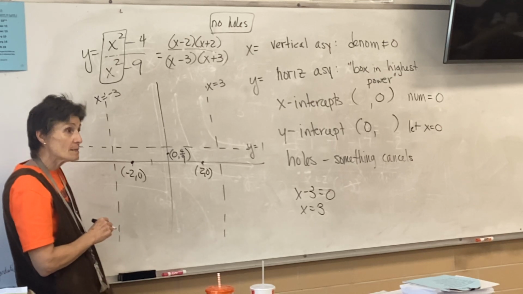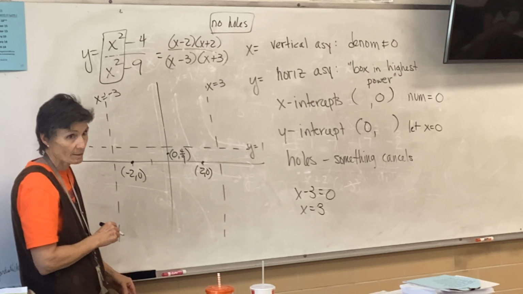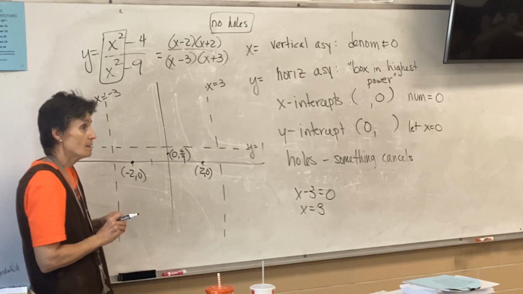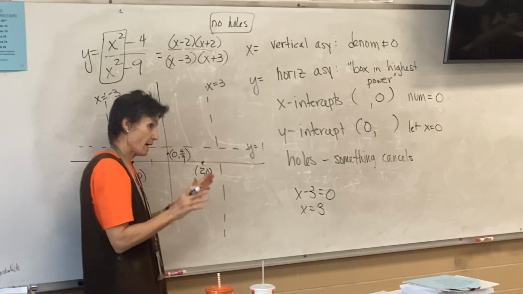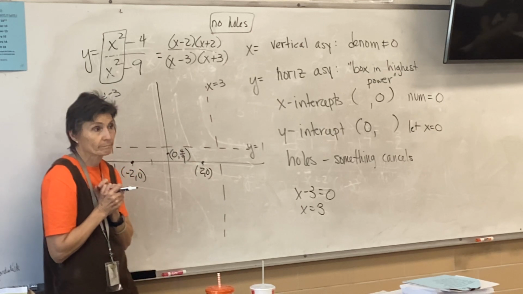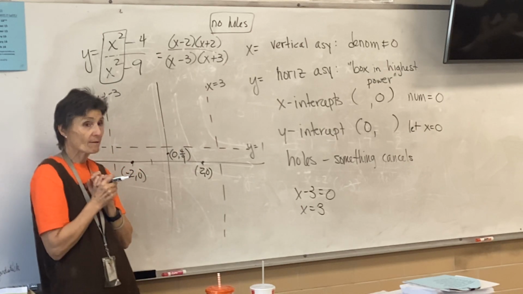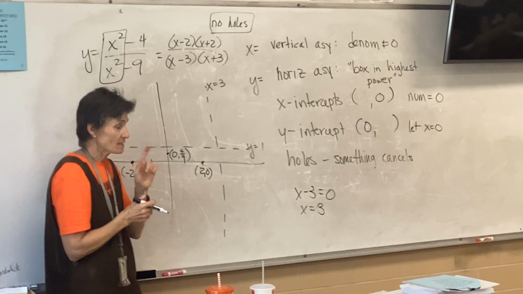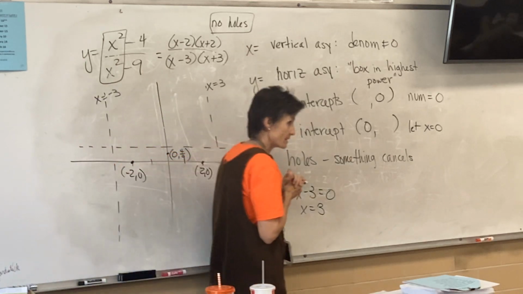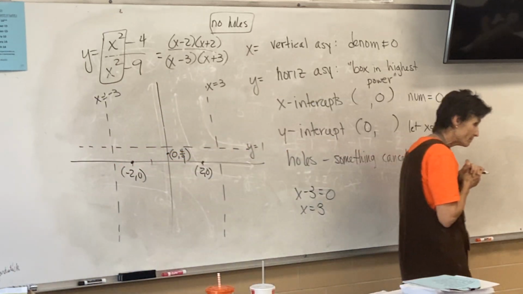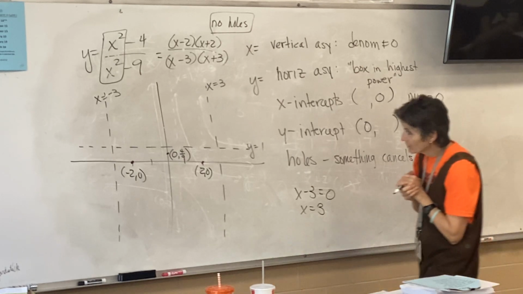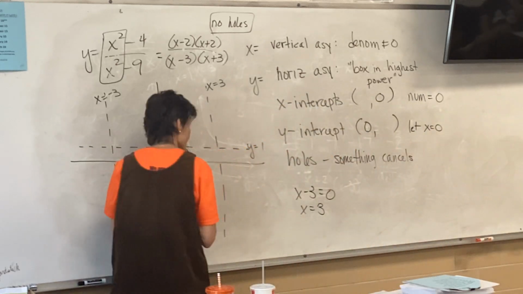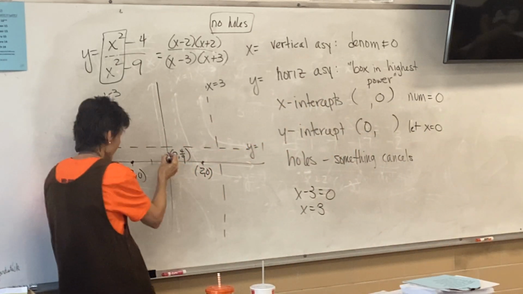Now, because of the squares in the problem, this is going to be more than a reciprocal problem. It's going to have some of that in it, but guess what it's also going to have in it since it's a squared problem? What do squares look like? Parabolas. So guess what we've got right here in the middle of this picture?